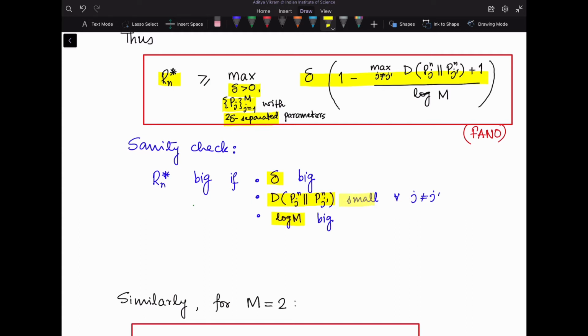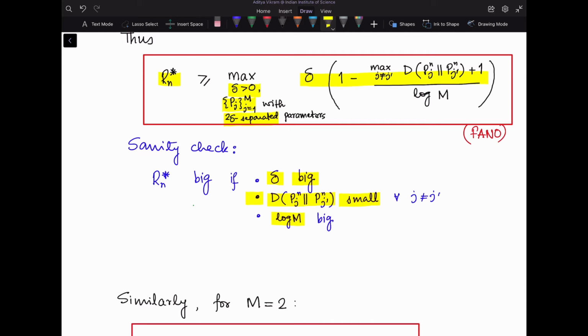D being small means that those distributions are actually close. So D being small means that it's very difficult to distinguish them based on the samples, right? And delta big means that even though these distributions are actually close, in the parameter space they are far apart, right? And this closeness is the actual closeness.